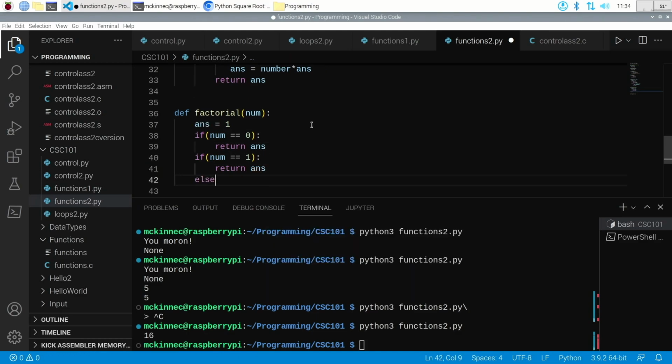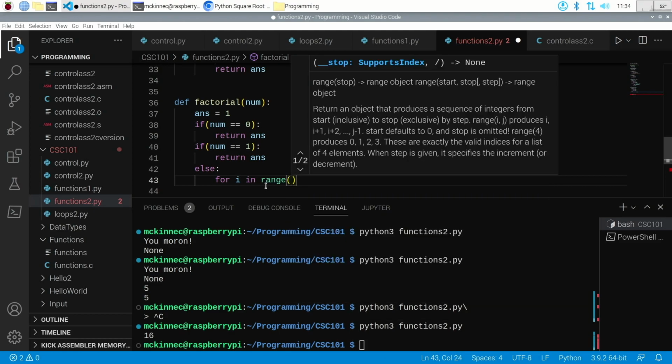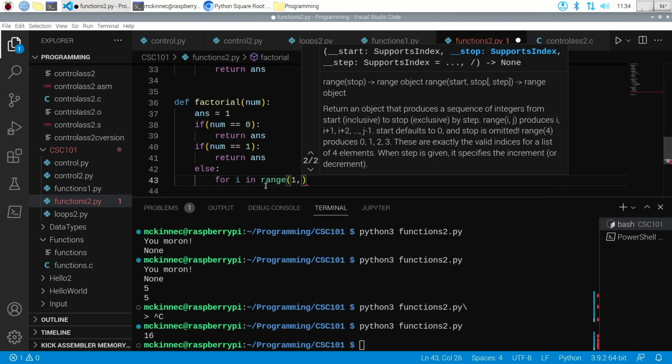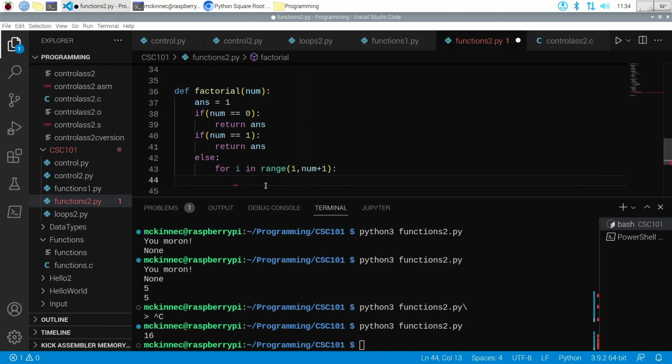But my else case is going to be: for i in range 1 to num plus 1, ans equals ans times i.